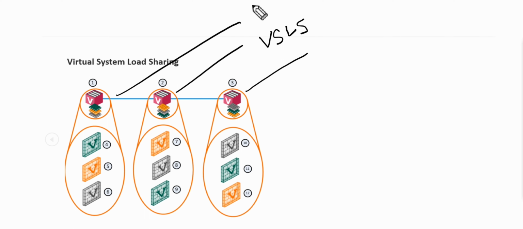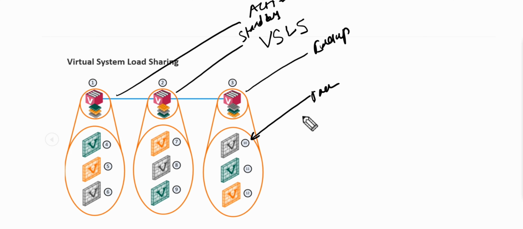So it will make one VSX gateway active, one a standby, and one a backup. This is for the VSX gateway, and depending on how many virtual systems you configure, similar things happen with them also. So one becomes backup, one becomes active, one becomes standby. Similar things go to VSX gateway 2 for its virtual systems and VSX gateway 1 virtual systems.